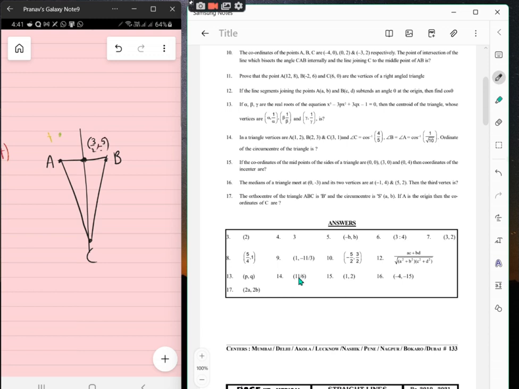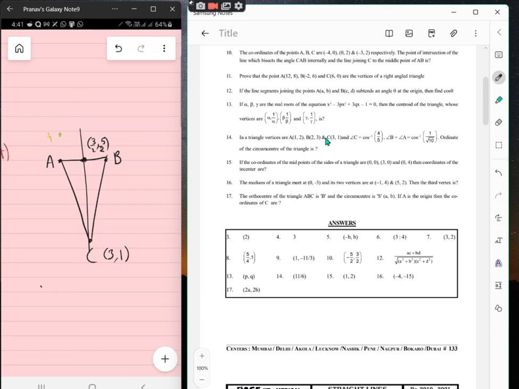This is incredibly laggy. Okay, so you know what this midpoint is, and what was C? C in this question 14 is 3 comma 1. Then find out what this line is.